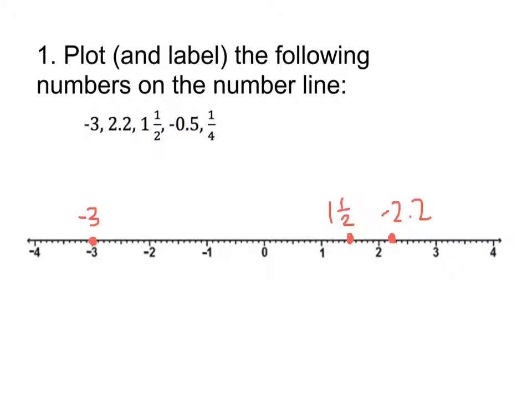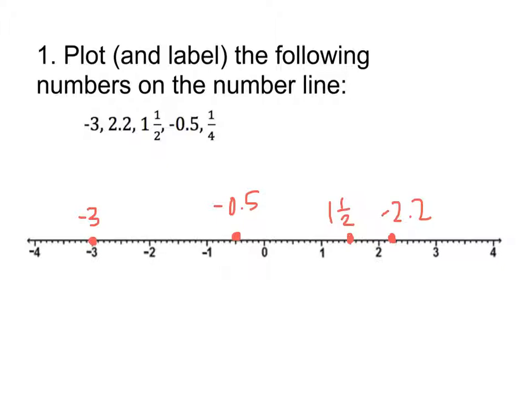The next one is -0.5. So I'm going to go past 0 in the negative direction to 5 tick marks past. So that's -0.5, which makes sense because 0.5 is 1/2, so it should be halfway between 0 and -1. And then finally we have 1/4.